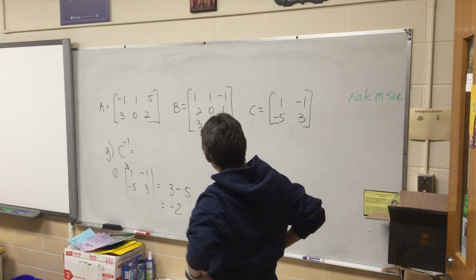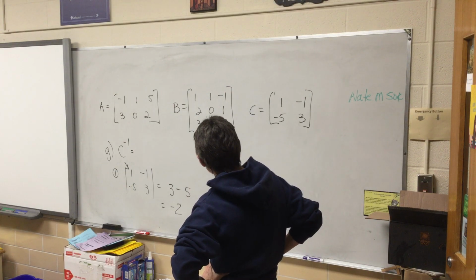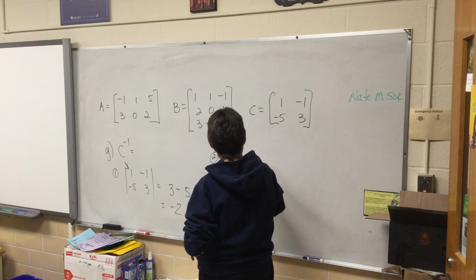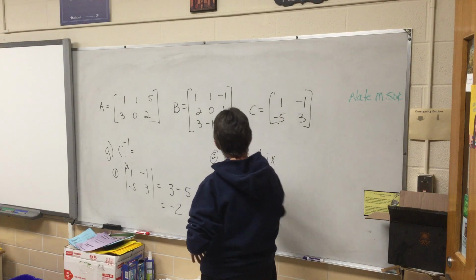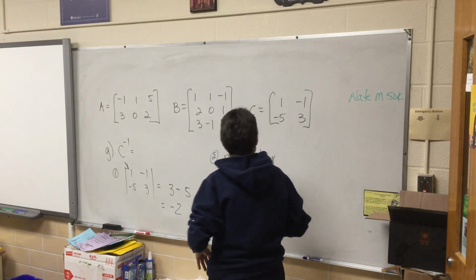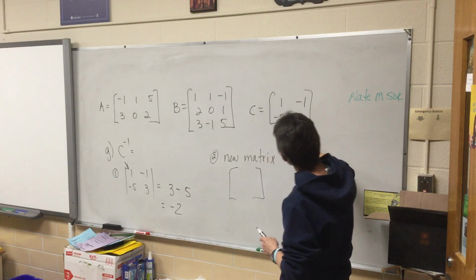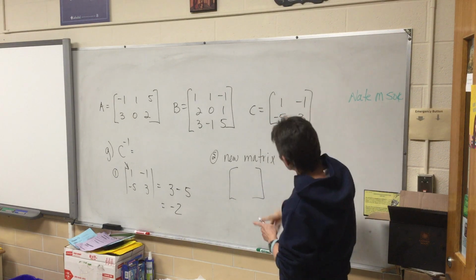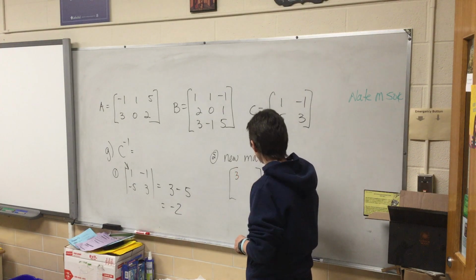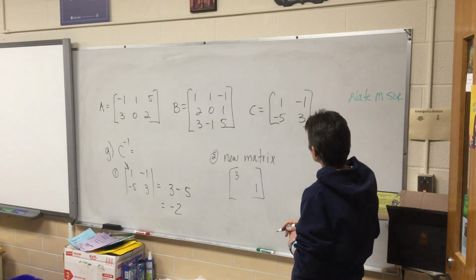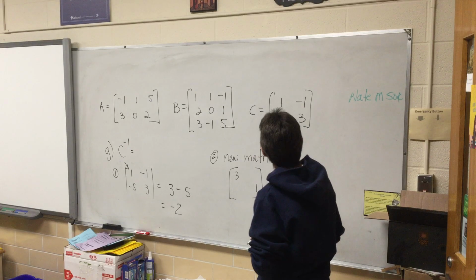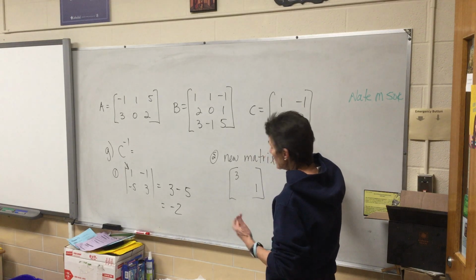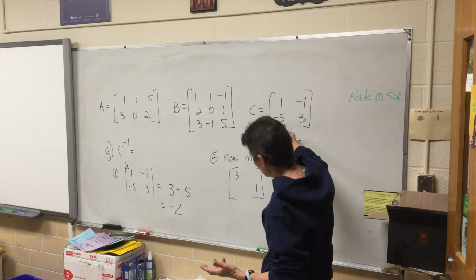All right, so then what? That's step 1. And then to build your new matrix, you have to flip the first corner with the bottom right corner. So here's my matrix. So you switch the 3 and the 1. So you put the 3 up here and the 1 down here. And then the -5 and the -1 become positive because those corners switch to opposites.